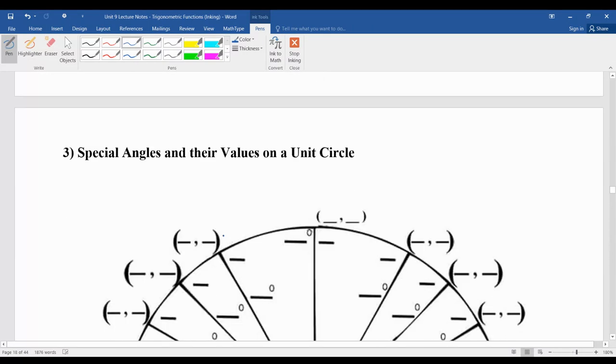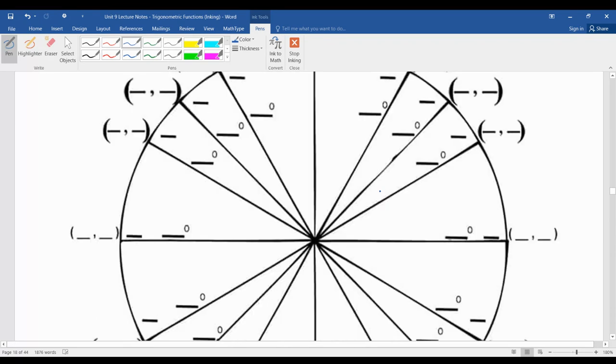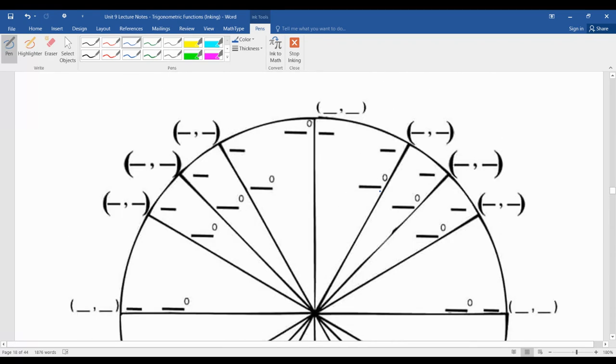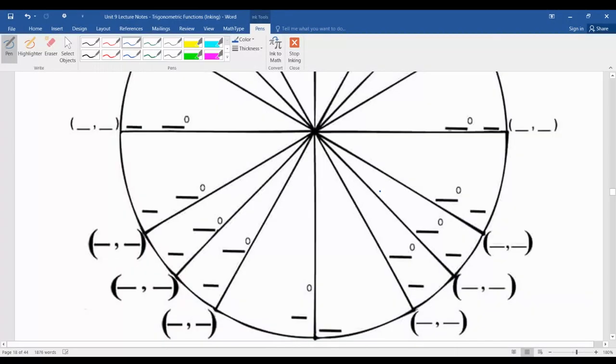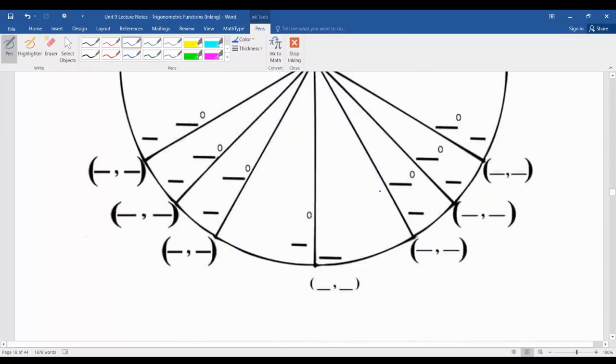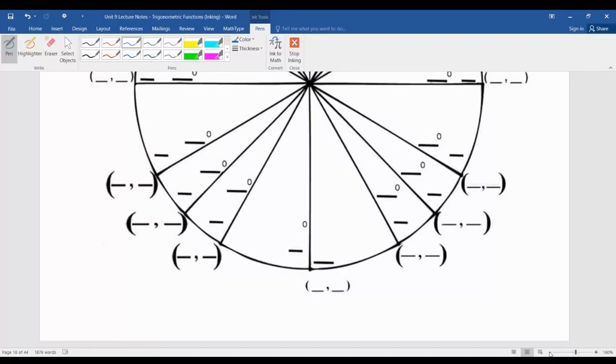Special angles and their values on the unit circle. We want to go ahead and fill in all this information, but I'm going to explain how all this information correlates to each other. Okay, so let's minimize.